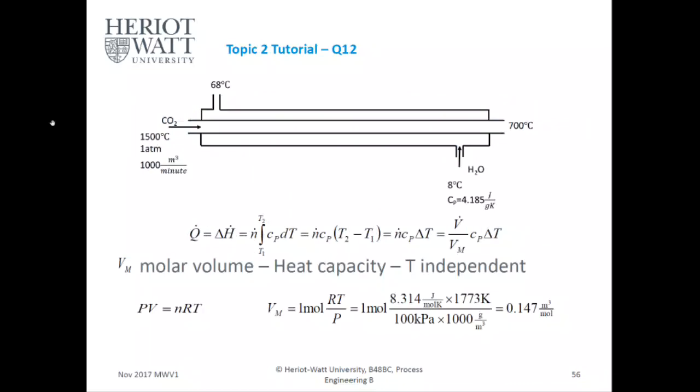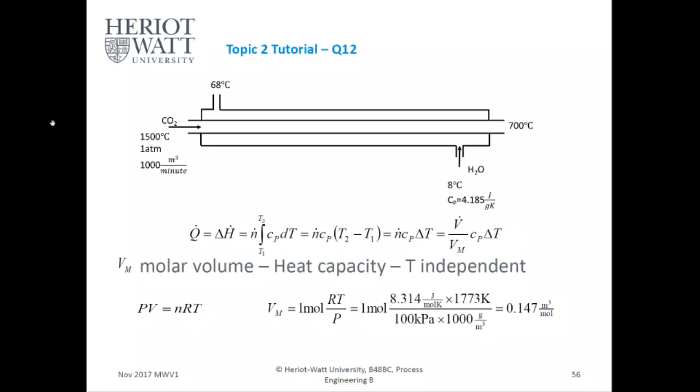So you have your heat exchanger. You're doing heat exchanger designs anyway, so you've probably seen this before. The change in heat equals the change in enthalpy, which equals molar flow rate multiplied by Cp with respect to change in temperature between the two temperatures.